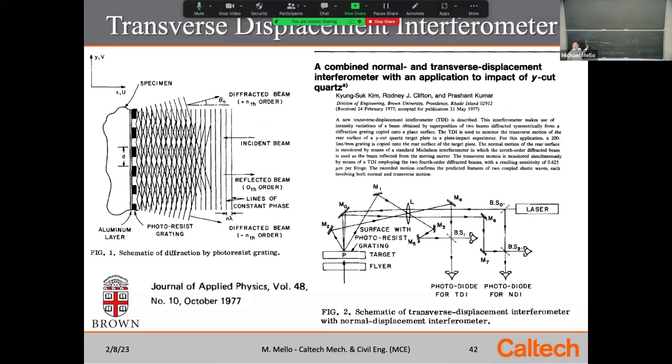Gratings are magical elements. They take a laser beam and break it into a beautiful myriad of sharply defined laser beams.